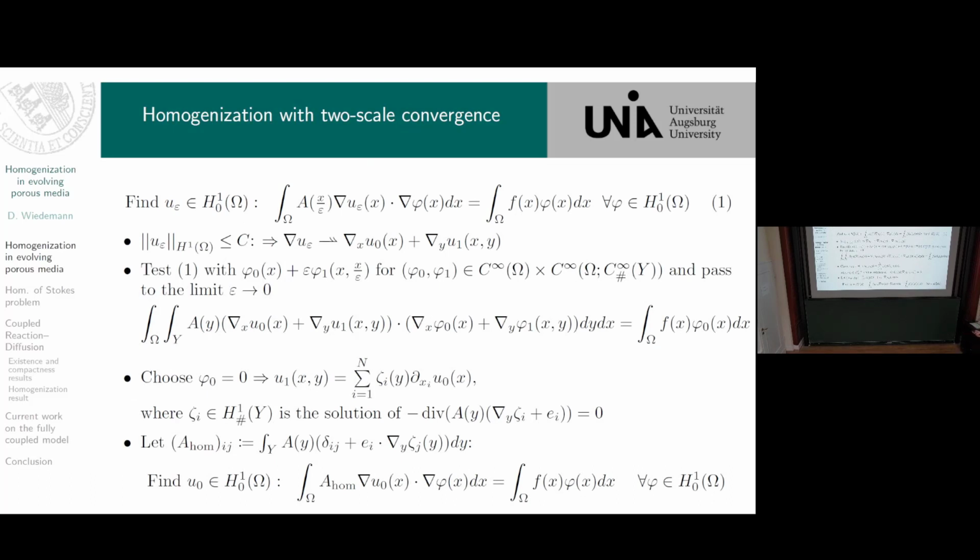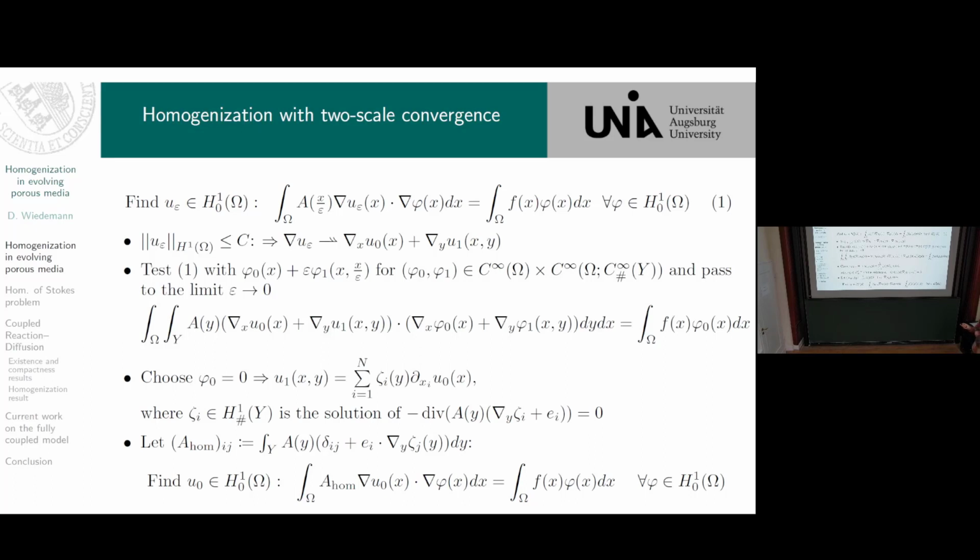So if we have our weak formulation, then we can derive easily some a priori estimates, get the compactness results, and then we choose some suitable test functions here, and then we test this equation here, can test to the limit, and get some two-scale limit problem. So this limit problem will become important later. And yeah, this limit problem lives in the domain omega times y, so also on a microscopic variable.